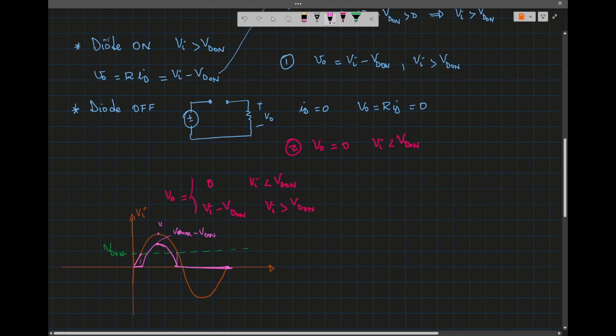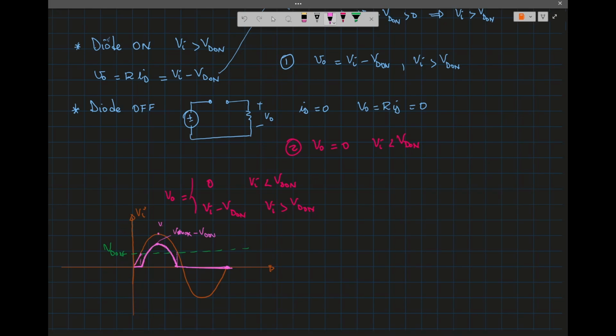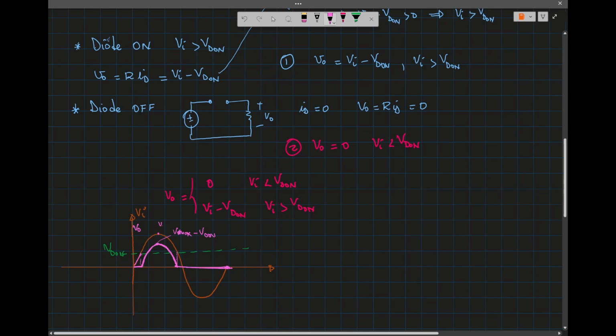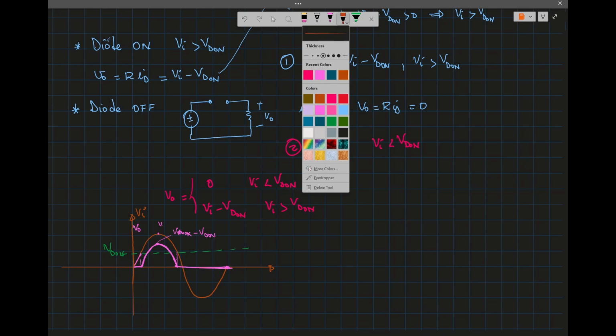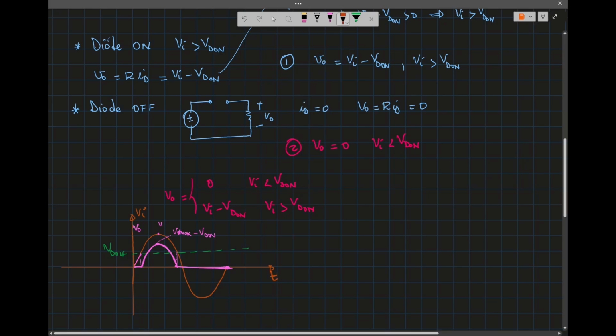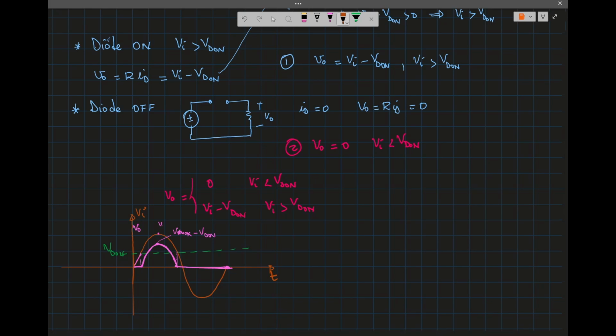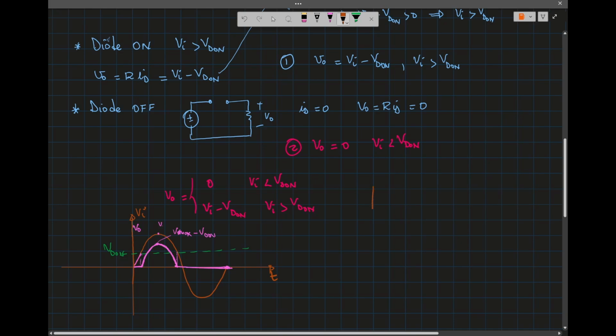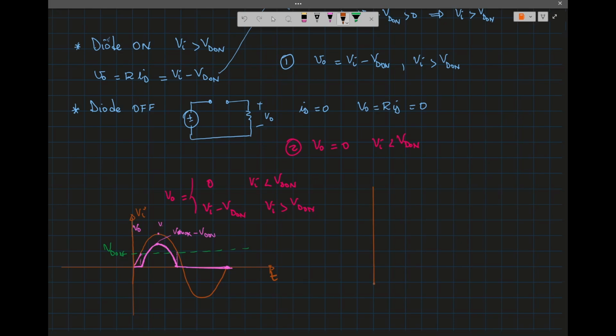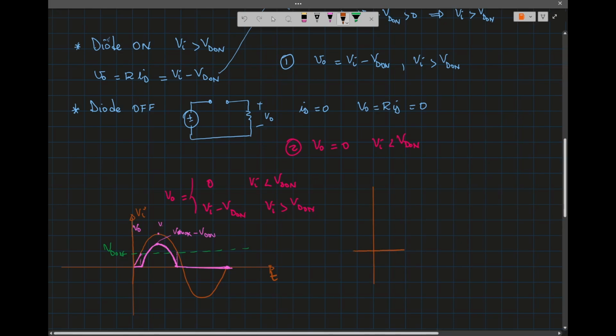Now, this is our output voltage, so that's V out, and this is time, so this is T. So what I'm going to do now, I'm going to sketch the transfer characteristic, meaning the output as a function of the input voltage.